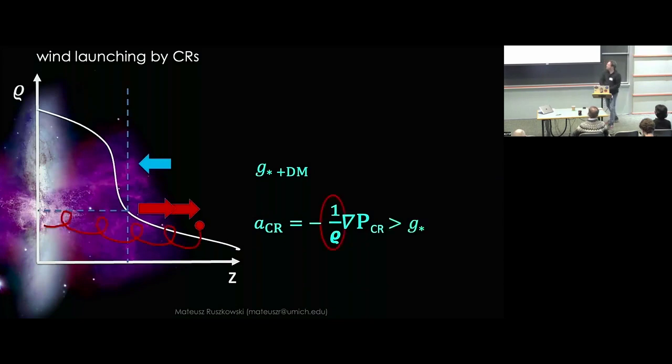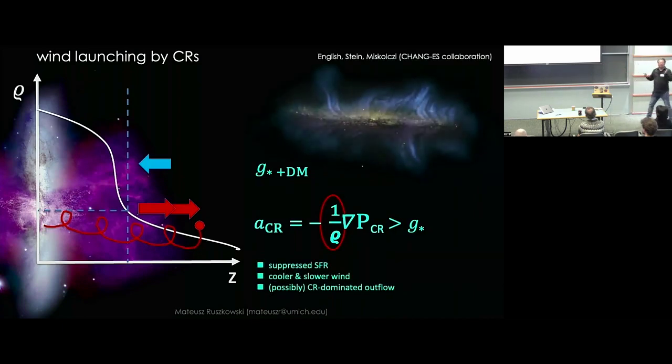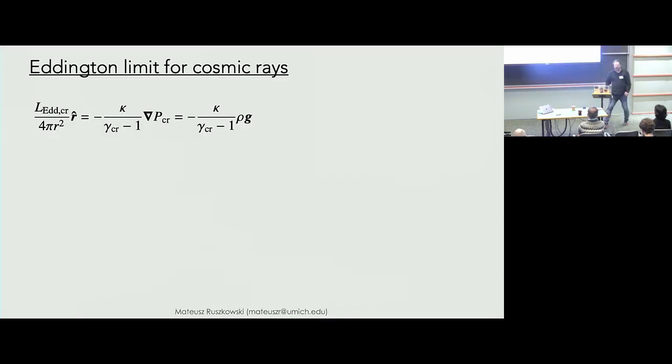And this happens. Cosmic rays stream out and they start interacting with lower density gas. Acceleration due to cosmic rays wins over gravity, and you can drive an outflow. And we've seen this many times, or at least signatures of things that seem to look like winds driven from galaxies.